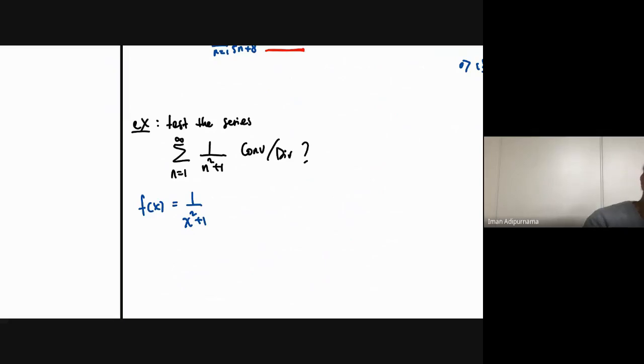You need to prove that this is continuous, positive, and decreasing. But it's not necessary to write on the exam that this is continuous and positive. You just need to prove that it's decreasing. And if you know that it's decreasing, you can use the integral.